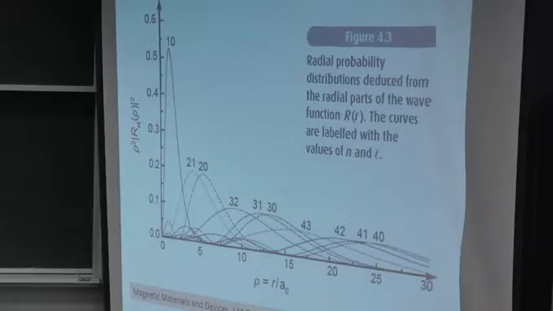However, compare this with 3d. This is 3d. This is the probability density for 3d. This is 3p and this is 3s. 3d as compared to 3p and 3s, there is an appreciable fraction of this probability density which overlaps with 3s and 3p, and it is not as well shielded from the environment as the 4f orbital.